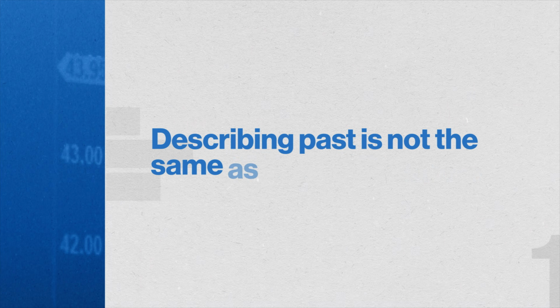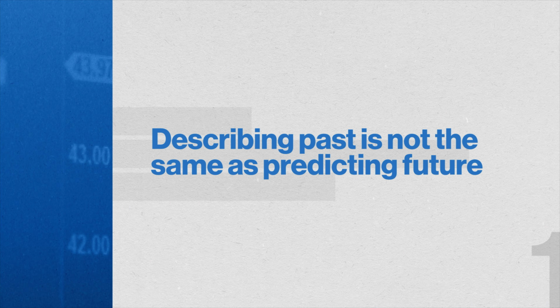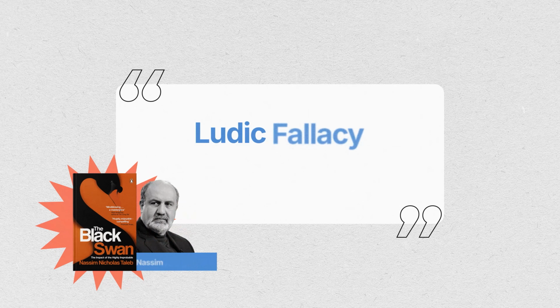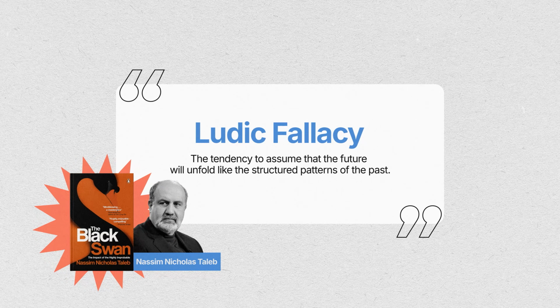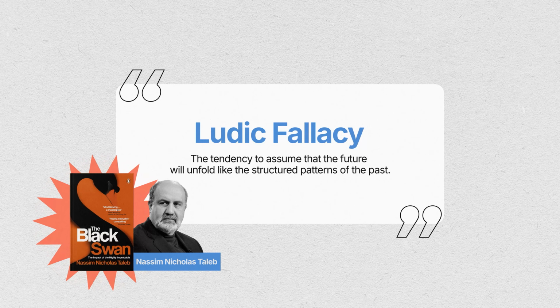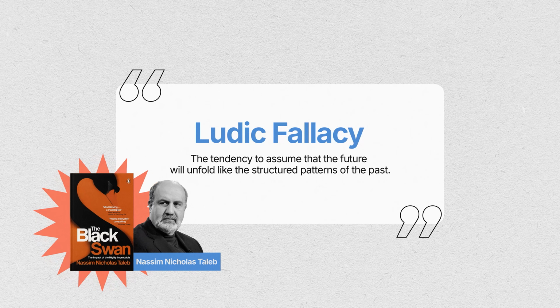Since today's episode is about indicators, I want to start by highlighting 2 key issues with any indicator. First is, describing past is not the same as predicting future. I'm reminded of Taleb's idea of the Ludic Fallacy, the tendency to assume that the future will unfold like the structured patterns of the past.